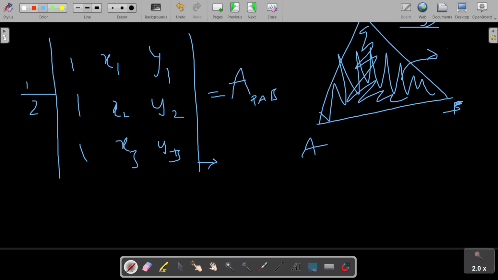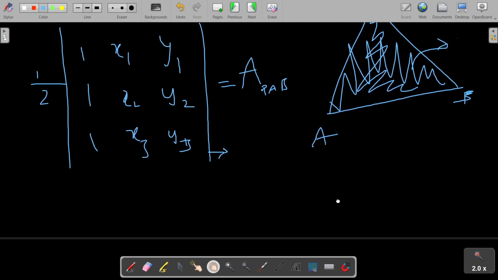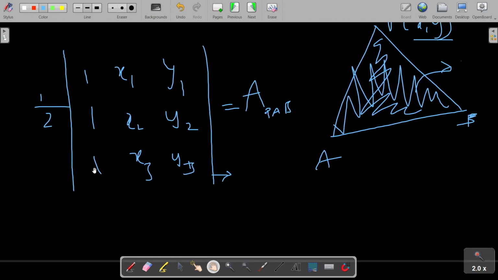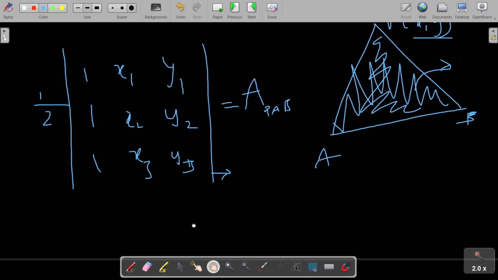If you don't know how to calculate a determinant of a matrix, don't worry.